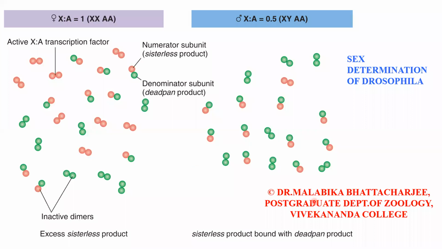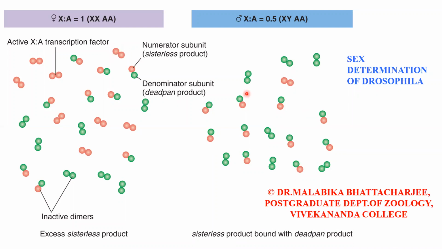But when we look at the picture of the male fly, as you can see, there is 1 X. So the sisterless products are not in plenty, and we have 2 autosomes. Even though the dimer is shown, there is rarely a sisterless homodimer formed in the system, as a result of which, in the absence of the formation of the sisterless homodimer, the transcription cannot start.